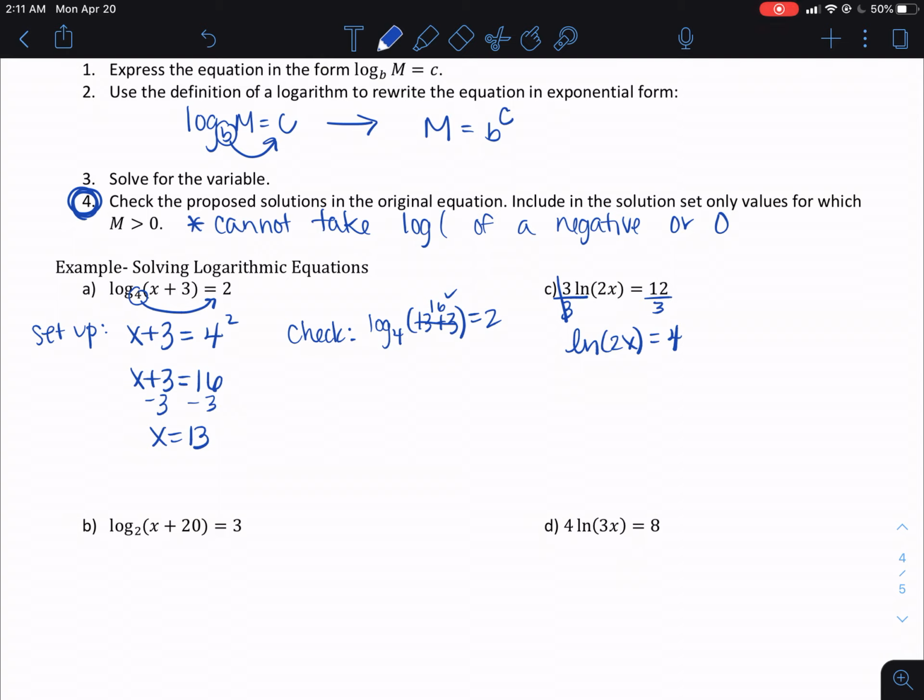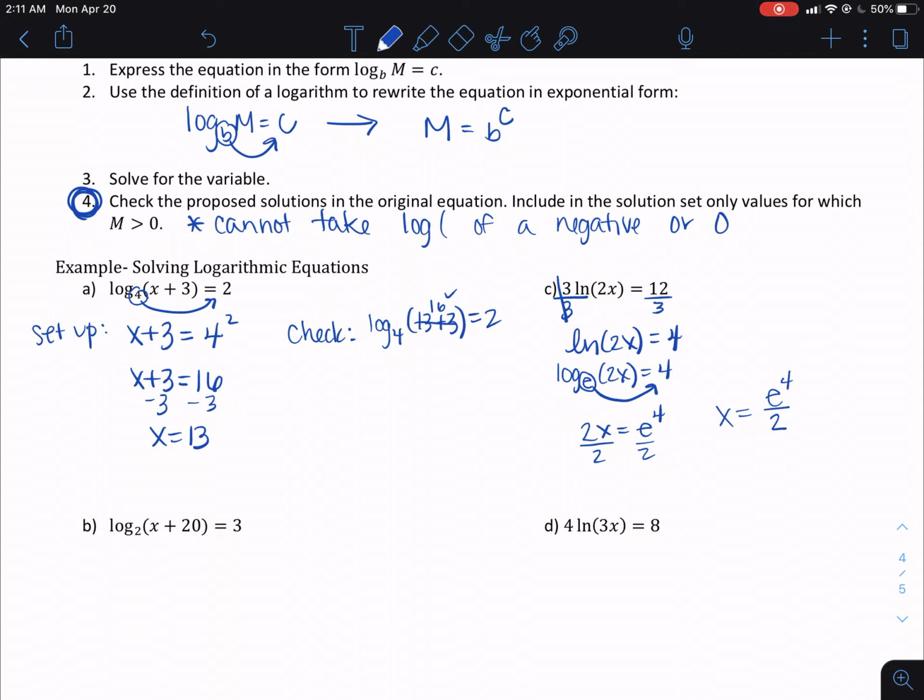Remember, the natural log is the same thing as log base e of 2x. So we take that e and swoop it to the other side. So we have 2x equals e to the 4th power. Then divide by 2. So x equals e to the 4th divided by 2.